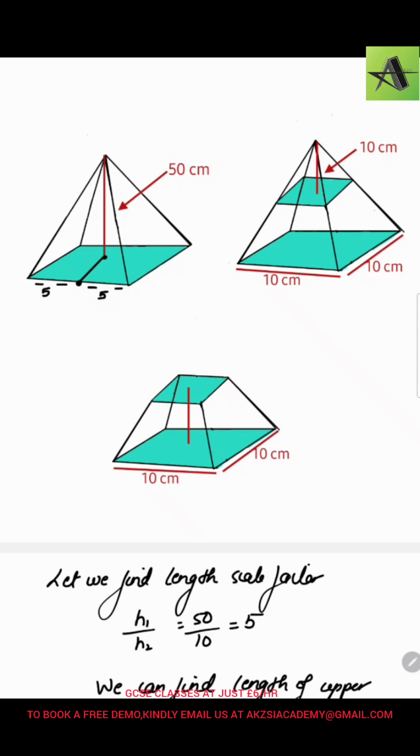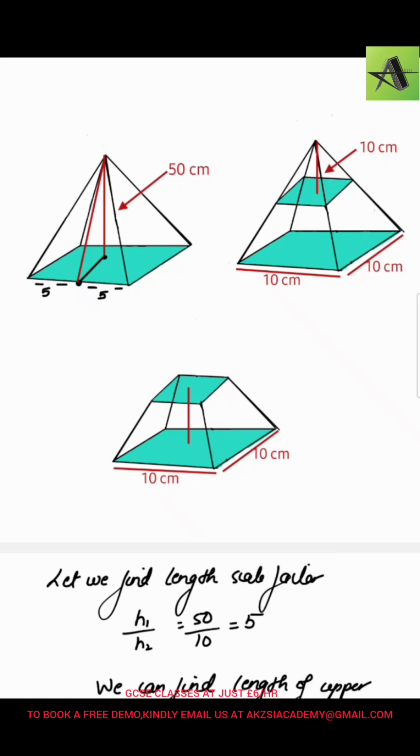And then I need to join this, like this. This triangle will give me this hypotenuse, this length. This is actually the height of each triangle, basically.